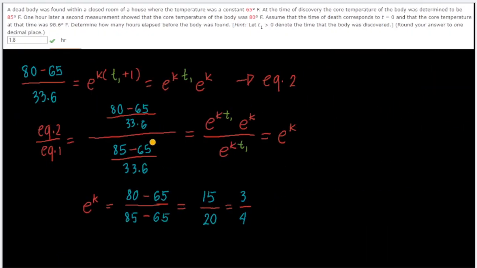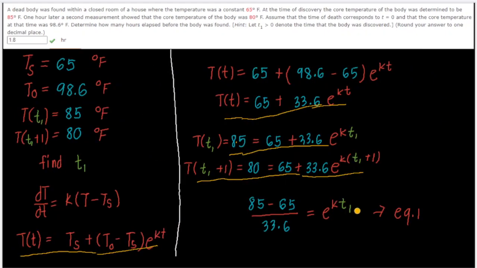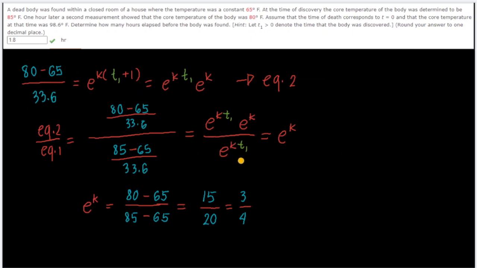Let's put equation 2 in the numerator and equation 1 in the denominator, and cancel, so that we're left with e to the k.